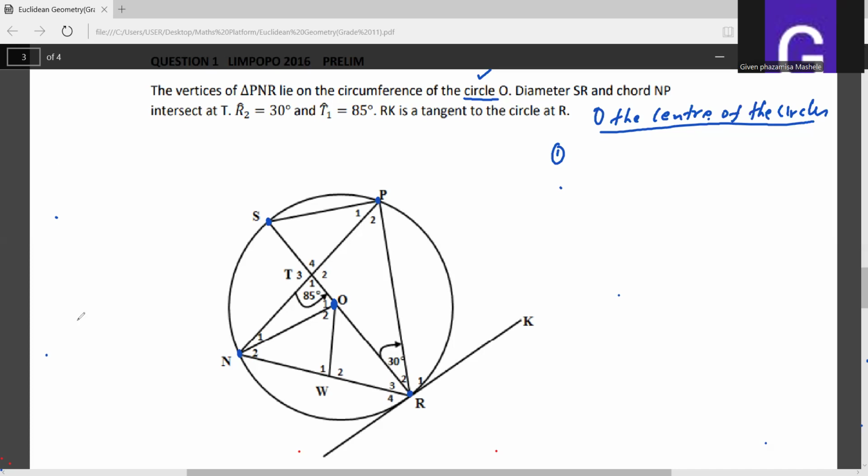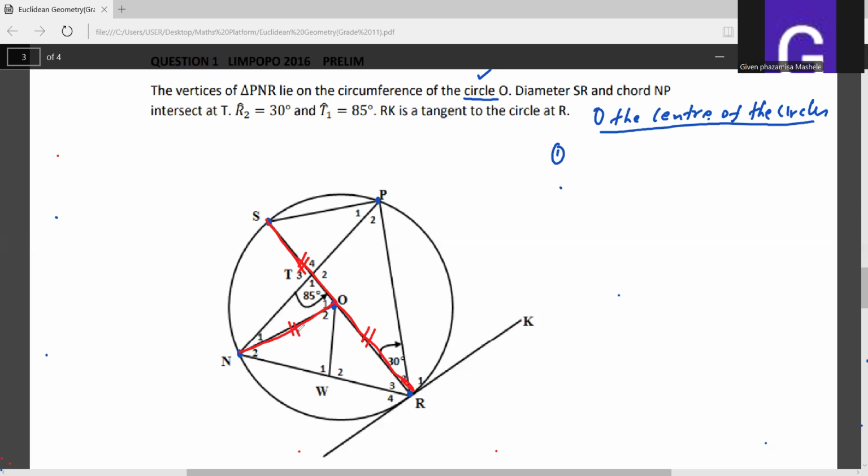Obviously, we have radii here. The first one, from O to N, this is a radius. And from O to R, it's also a radius. And from O to S, it's also a radius. And what do I say? All the radii are equal.